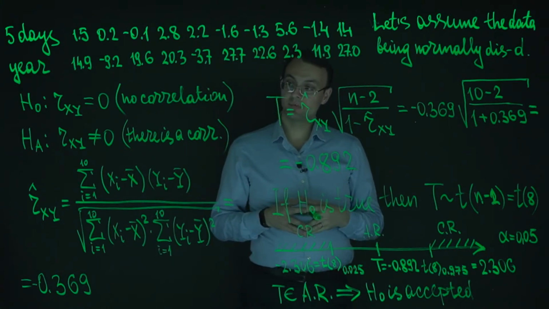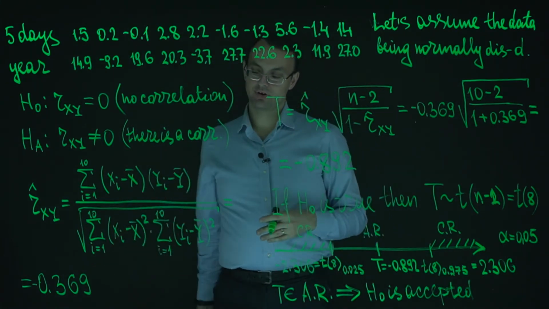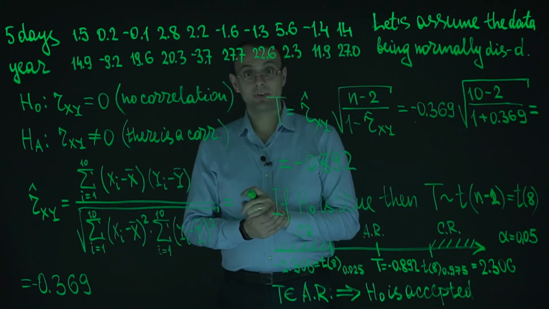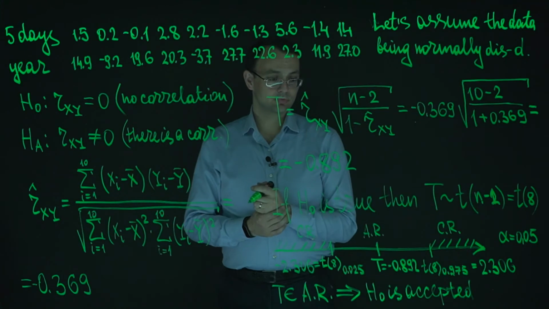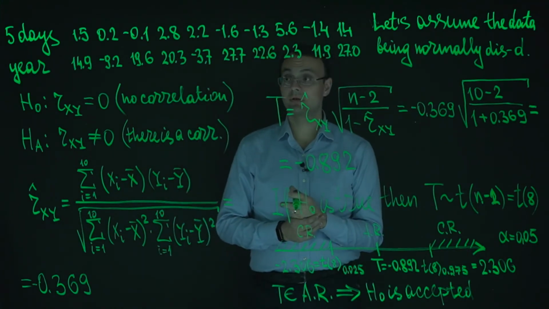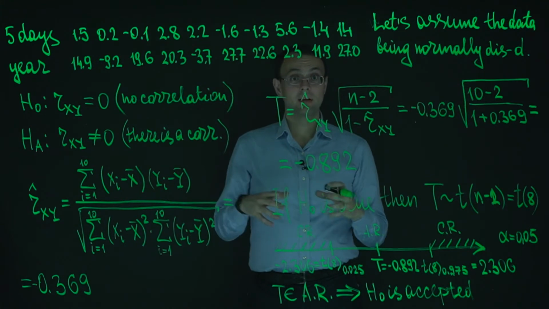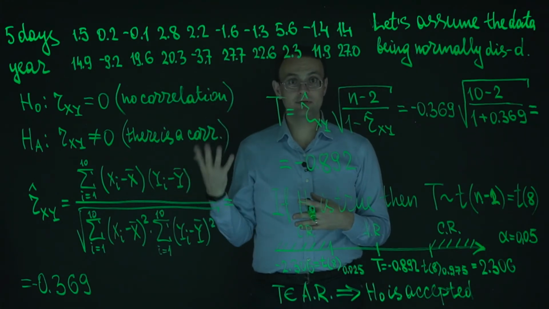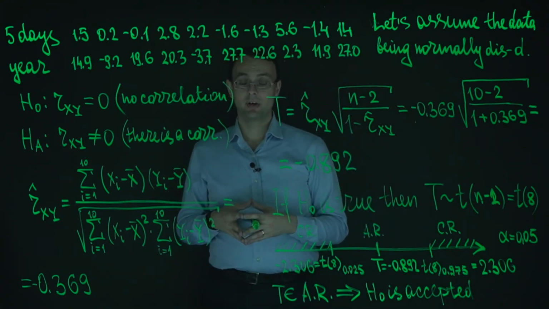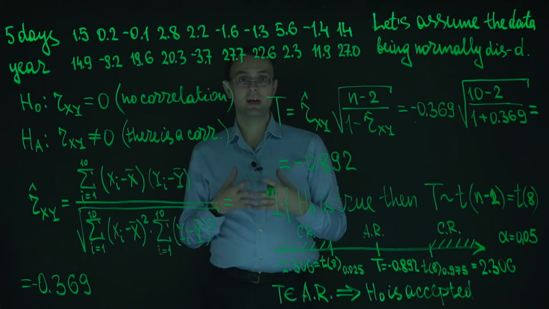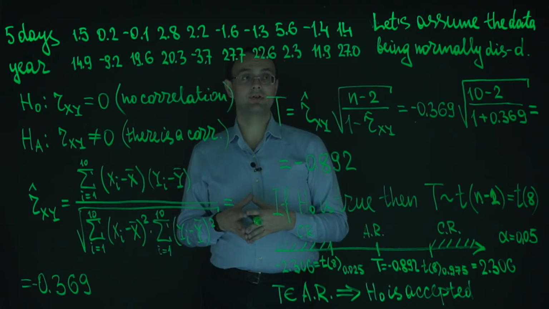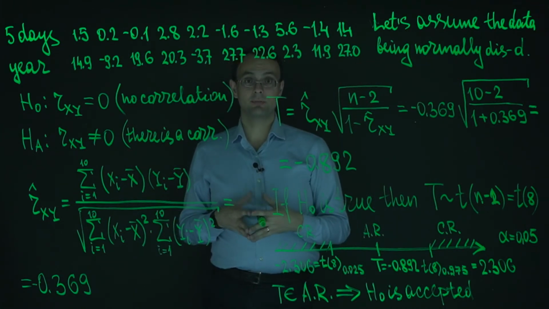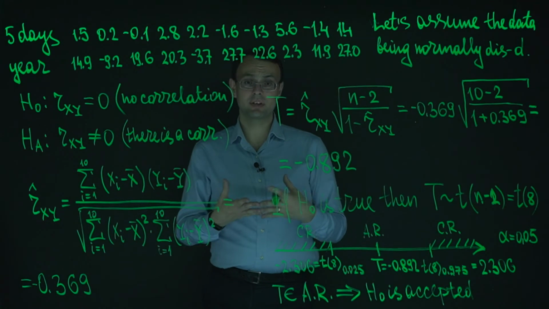So the sample correlation coefficient is minus 0.369, but this is not enough to accept the alternative hypothesis, to say that there is a correlation. So why? The answer is the same as for the previous example. Because of the small sample, here we also have just 10 observations, and that is why this sample is not enough.